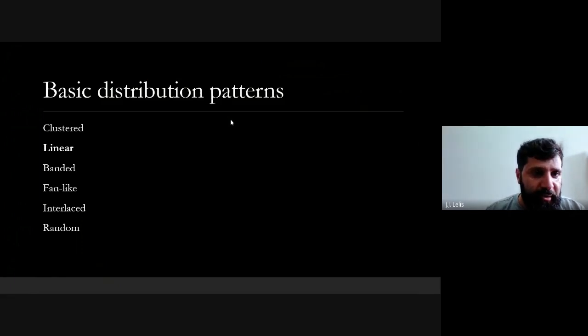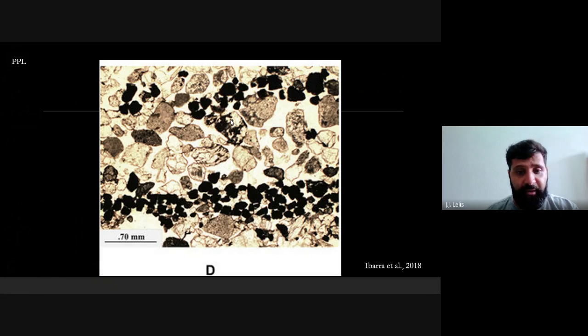We also can see a linear basic distribution, like in this picture. We can see that these dark coarse fragments are distributed in a linear way in comparison with those ones. So we can see these linear layers of coarse dark material, okay?